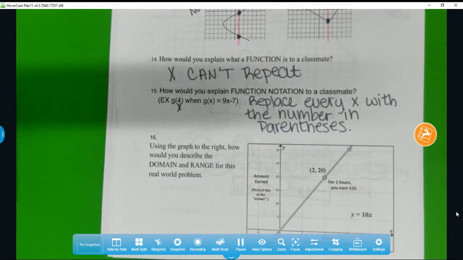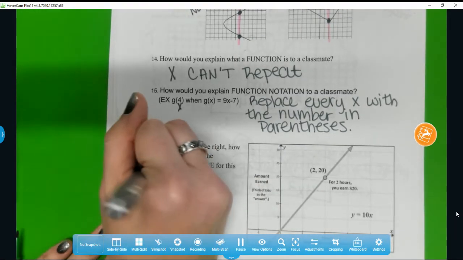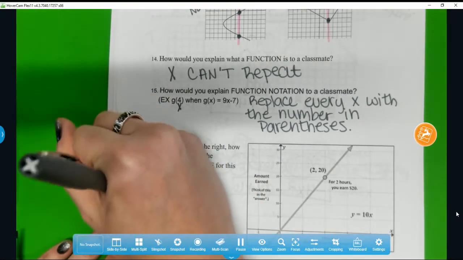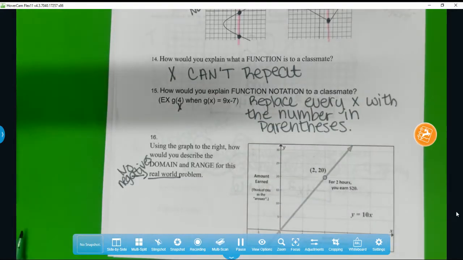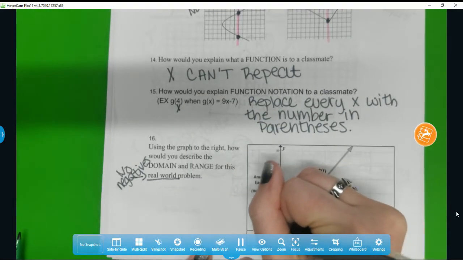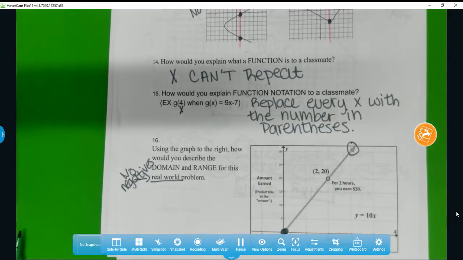Okay, so it says using the graph to the right, how would you describe the domain and range for this problem? So since it's a real world problem, we aren't going to have negative numbers. Okay, so the graph is really going to start here. And then we see an arrow, so it's going to go on forever.